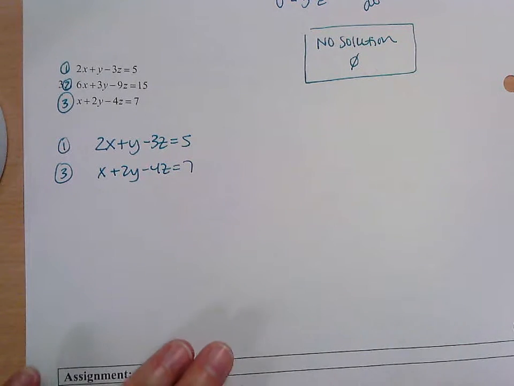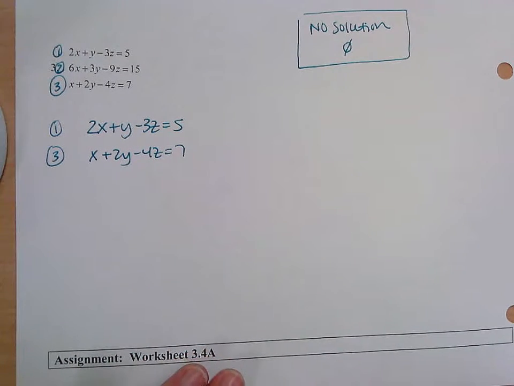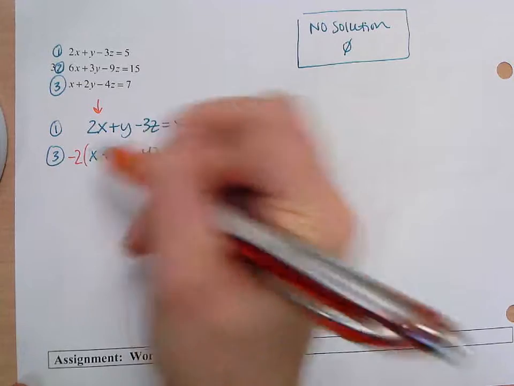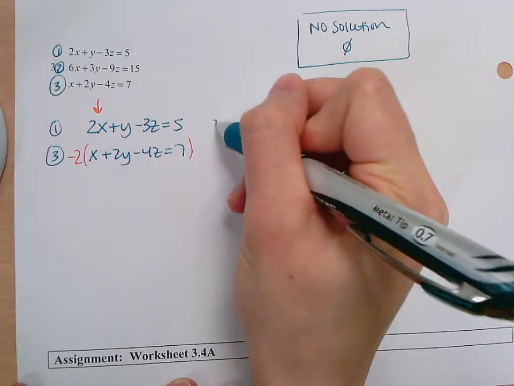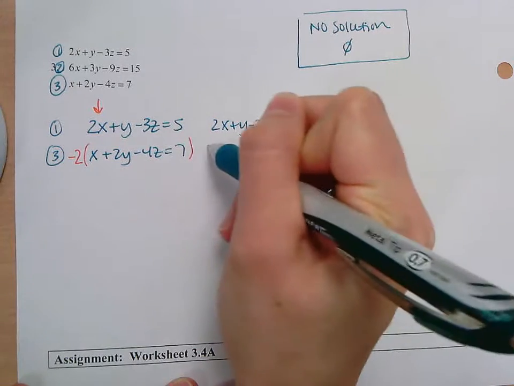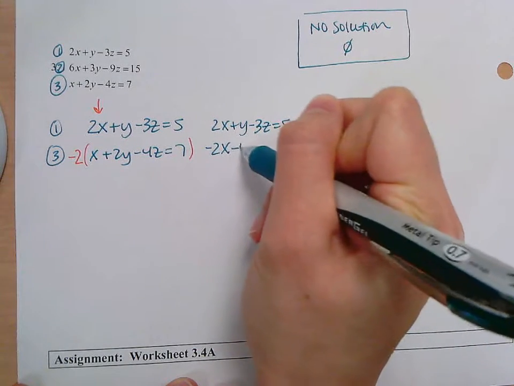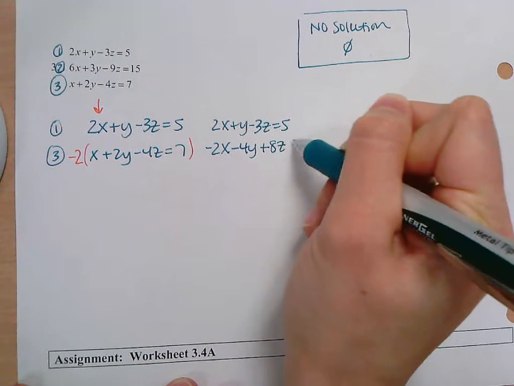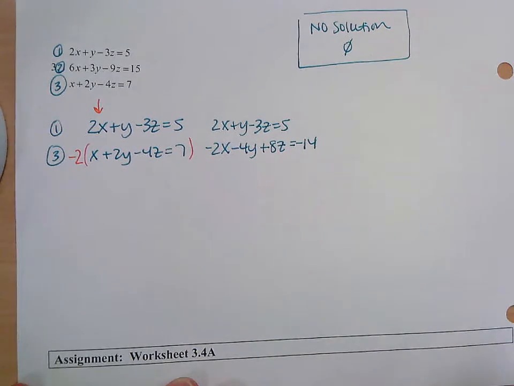Equations 1 and 3. Pick a variable to eliminate. Which variable would you eliminate? X? What do I have to do to eliminate x? Bottom by -2. So top is staying the same. And then -2x minus 4y plus 8z equals -14.